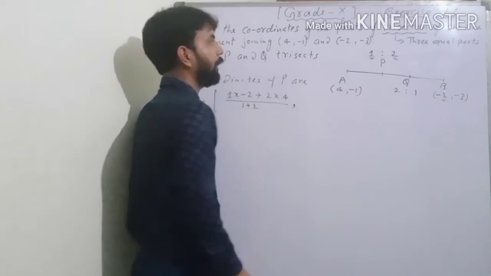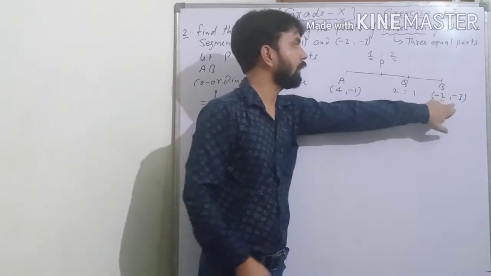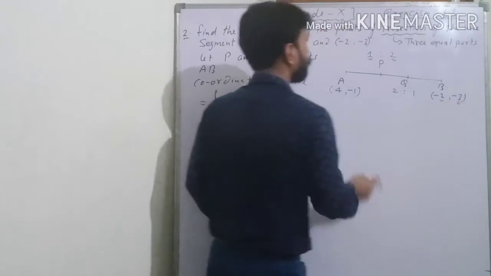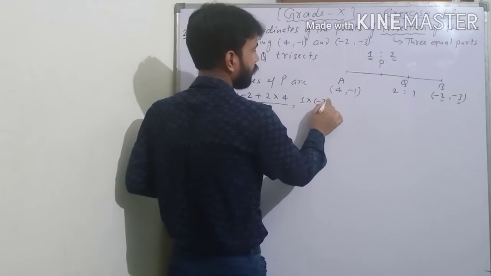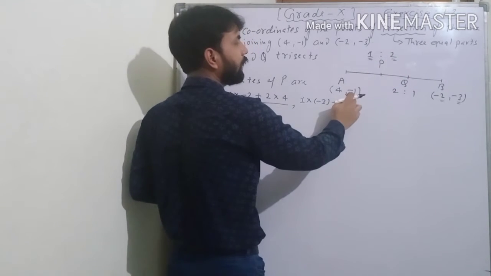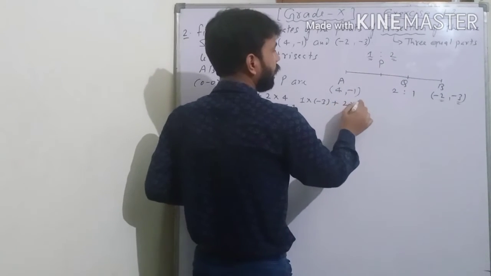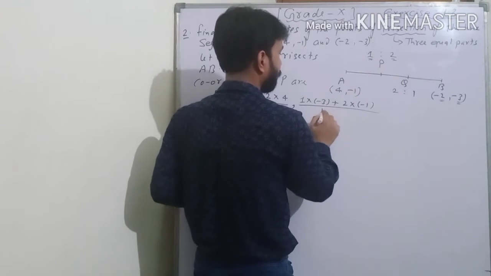And the second coordinate: 1 is multiplied by the ordinate of the second point. Ordinate of second point is -3. So 1 into -3 plus n, that is 2, multiplied by the ordinate of first point, 2 into -1, upon 1 plus 2.